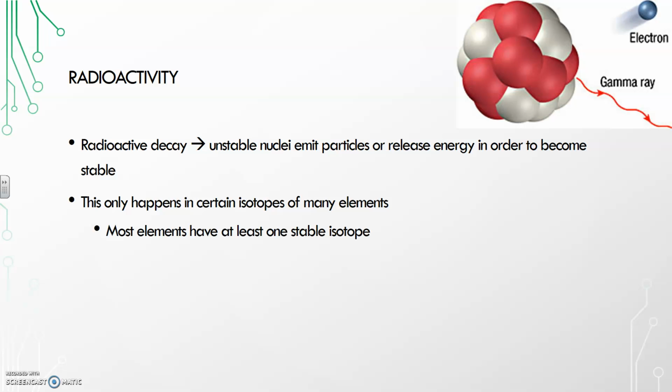So most elements have at least one stable isotope. Those are isotopes or atoms that are not going to try to break apart. And some of them, especially some of the larger ones, don't even have one stable isotope.